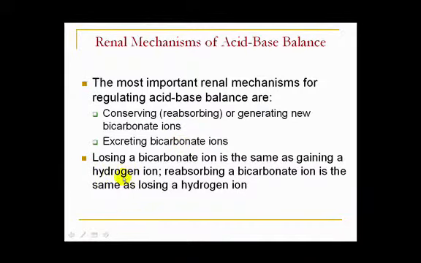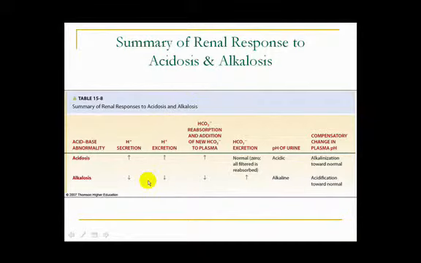So the idea is, you kind of got to think, losing a bicarbonate ion is somewhat the same as gaining a hydrogen ion, because it's now not there to buffer the hydrogen ion in the blood. And reabsorbing a bicarbonate ion is kind of the same as losing a hydrogen ion, because if you have the bicarbonate ion, you now can have it bind to the hydrogen ion. And this little chart kind of summarizes it.